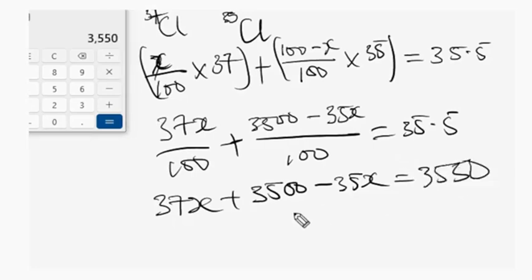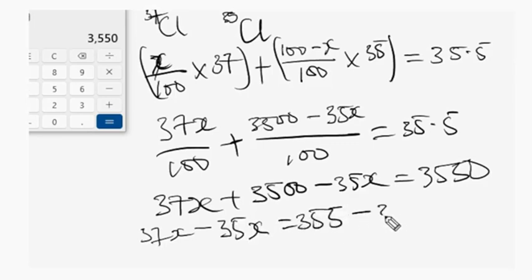So guys, at this point now, we are going to collect like terms, and that's 37x minus 35x is equal to 3,550 minus 3,500.